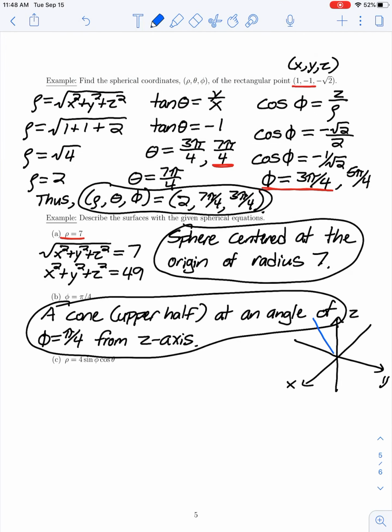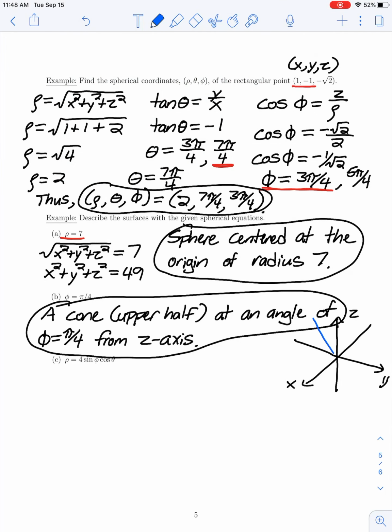Now in our last part, part C, we have rho is equal to 4 sine phi cosine theta. So as it's written, it's difficult to see what sort of surface that might represent. So let's see if we could make use of our conversion formulas.